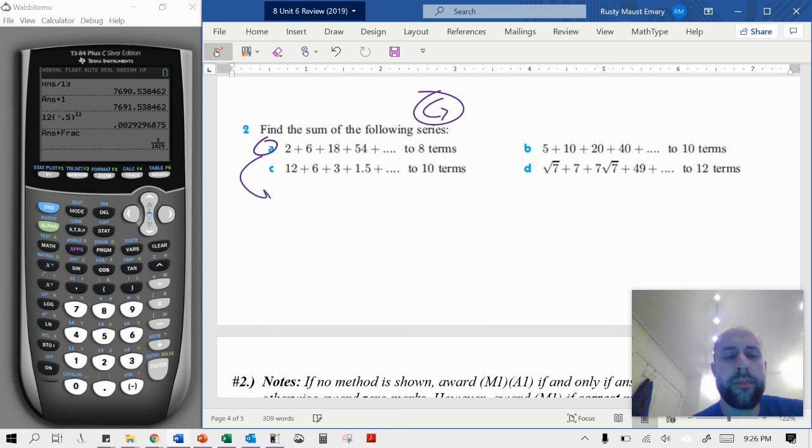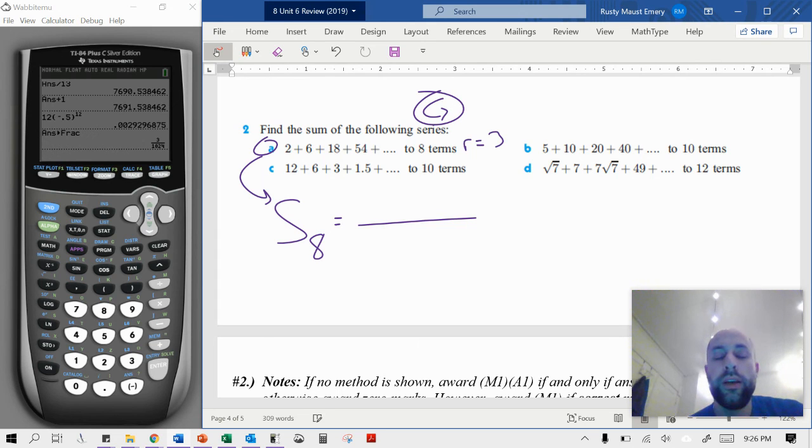So this is for part A. So the sum of the first 8 terms, and again, this is where it doesn't matter which formula you use, but since r for this one is 3, multiplying by 3, take the initial term, so 2, and then times your common ratio. I'm going to use the one where it's r to the power of n minus 1. And then again, that's the way that you can avoid negatives. Either way, for the geometric series formula, it doesn't matter which one you use. Just make sure you plug it in correctly and then plug it into your calculator correctly.